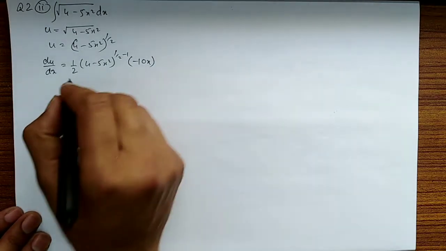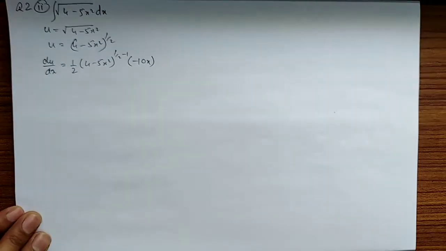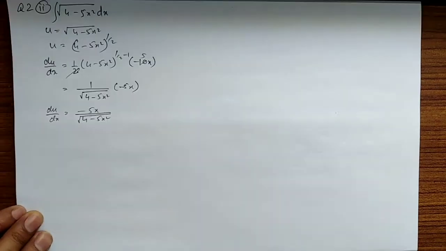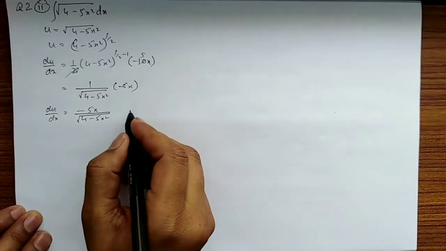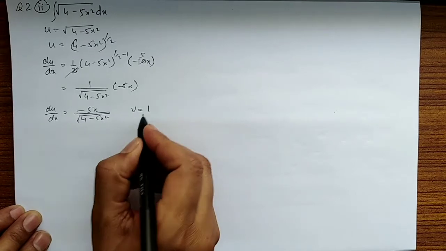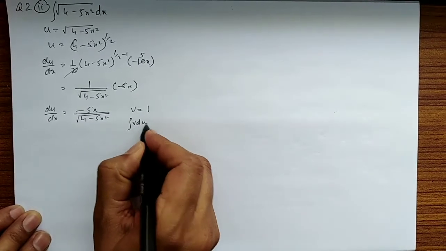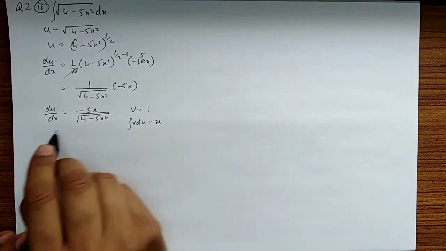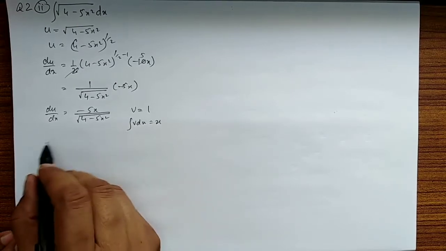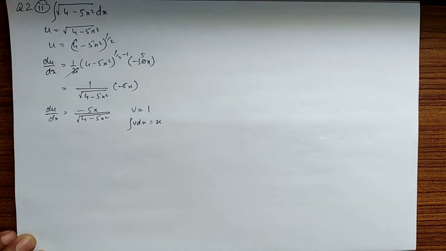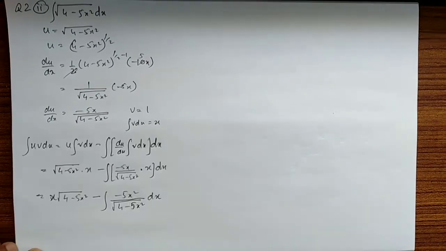So now by rearranging this part we got this part, and for v we take 1, and the integral of v is x. So by putting these values into the formula of integration by parts, we obtain this part.